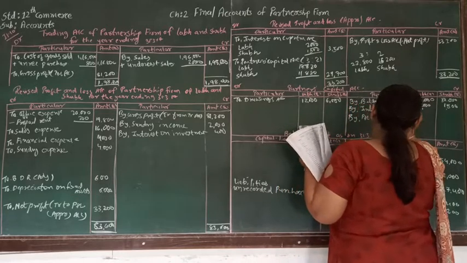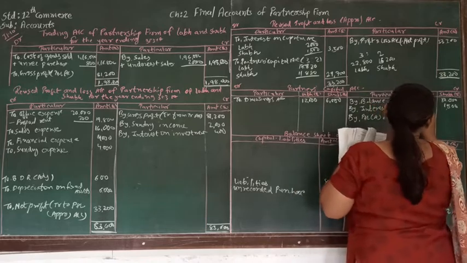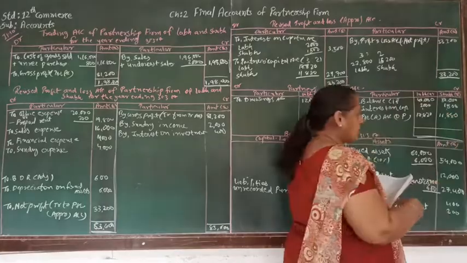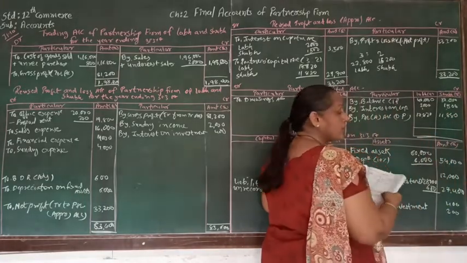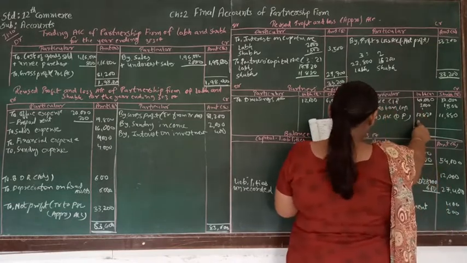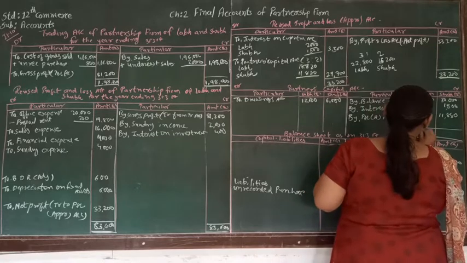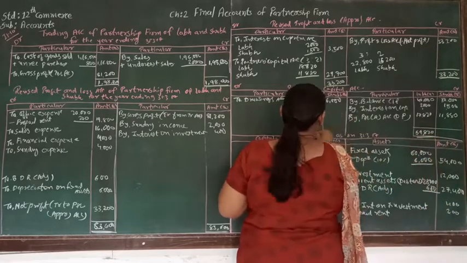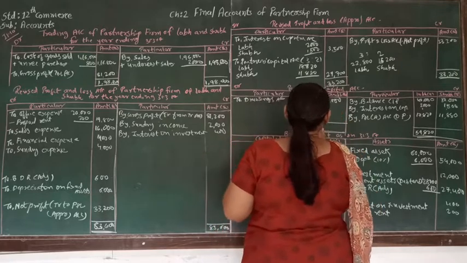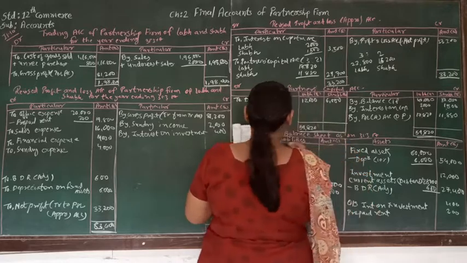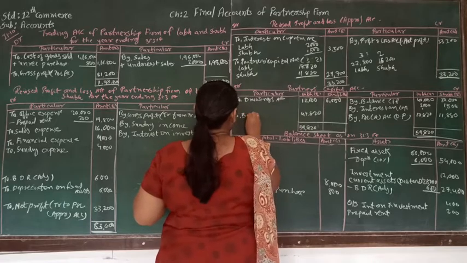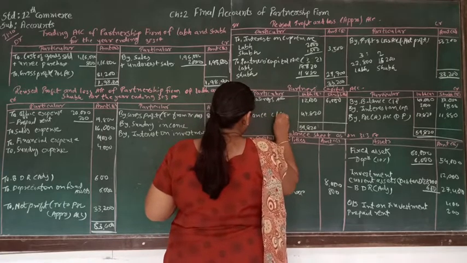This is supposed to be taken to the partners capital account by profit and loss appropriation account, divisible profit. So that will be 17,820 and 11,880. Now the capital account of Love: total of that will be 40,000, 2,000, 17,820. So that will be 59,820. 59,820 minus 12,000 will be 47,820, balance carried forward.